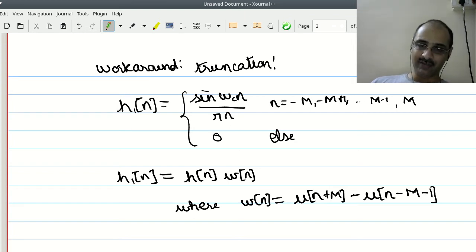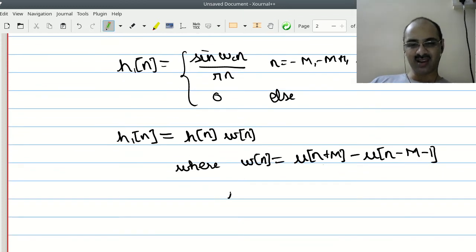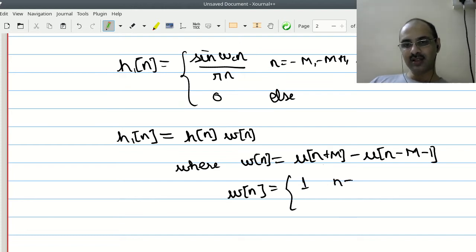Finally, if you substitute the value as M, you get this as 1, this is still 0. If you substitute M+1, then the first one becomes 1, the second one starts becoming 1 and cancels out. Alternately, you can also say in a more simple way, w[n] is 1 for n equal to −M+1 and so on up to M, 0 else.